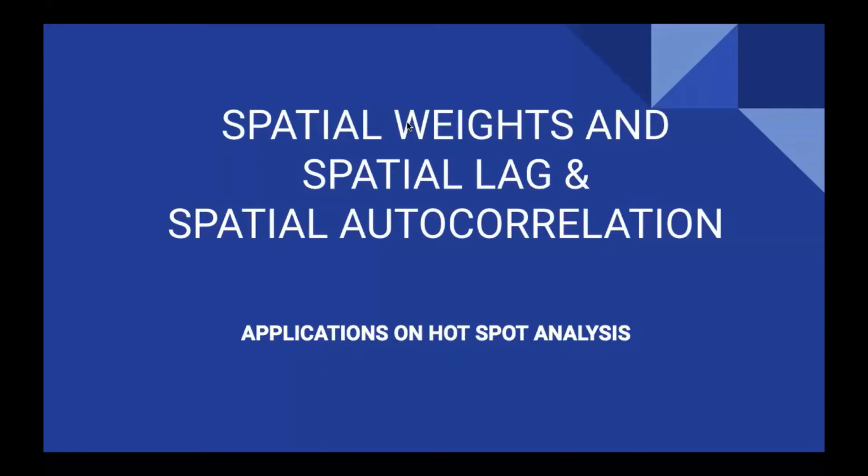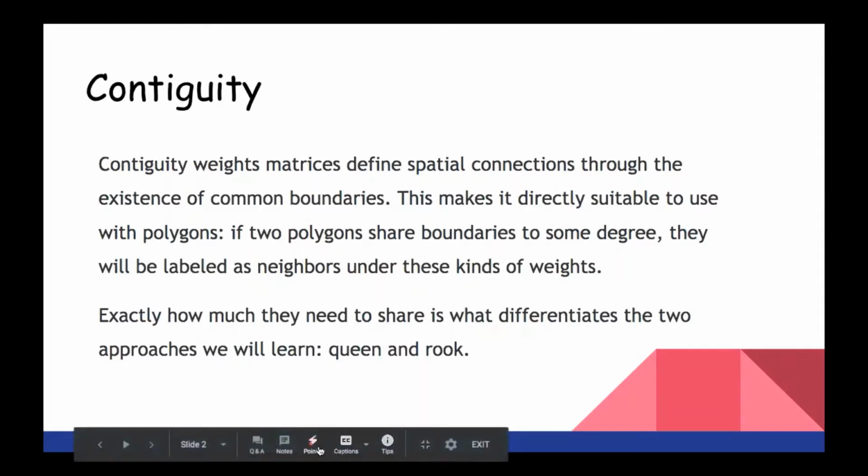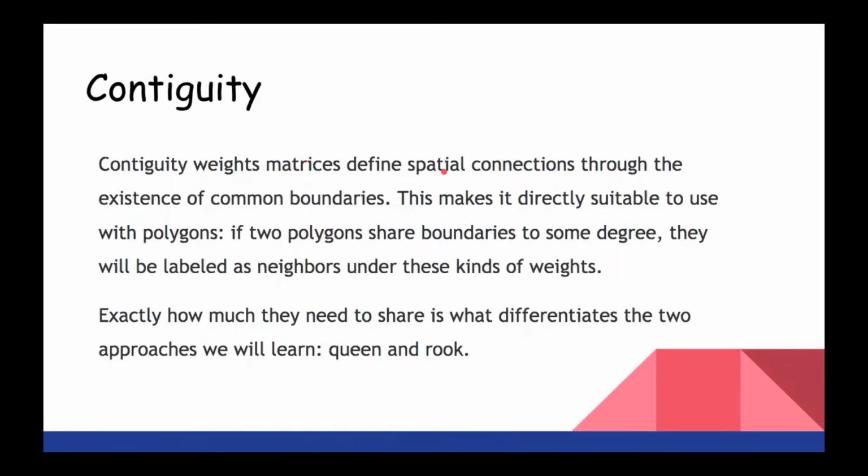So just as a reminder, when we are generating spatial weights, we have different types of it. We have the one we call contiguity, and a contiguity spatial weight is the matrix that decodes connections by the existence of common boundaries.